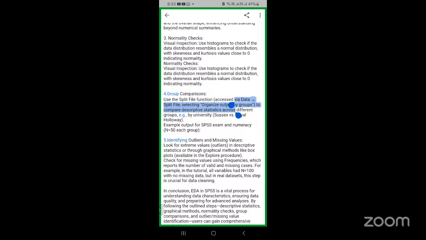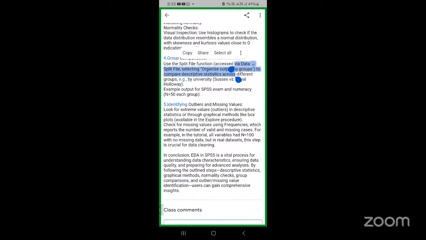In conclusion, exploratory data analysis in SPSS is a vital process for understanding data characteristics, ensuring data quality, and preparing for advanced analysis. By following the outlined steps, descriptive statistics, graphical methods, normality checks, group comparison, and outlier or missing value identification, users can gain comprehensive insight.